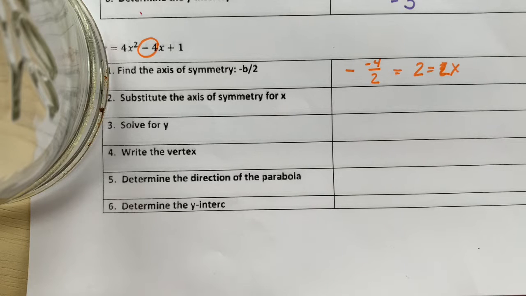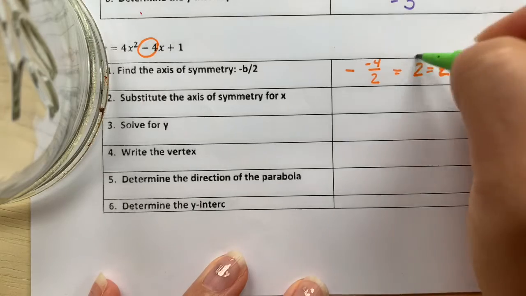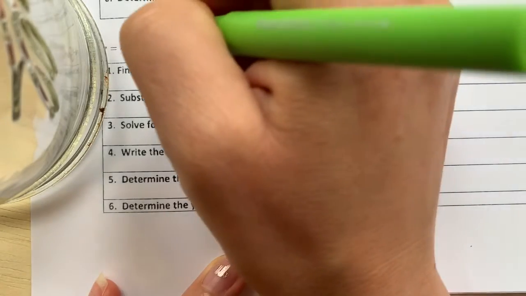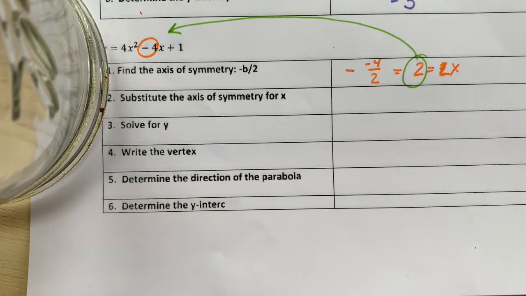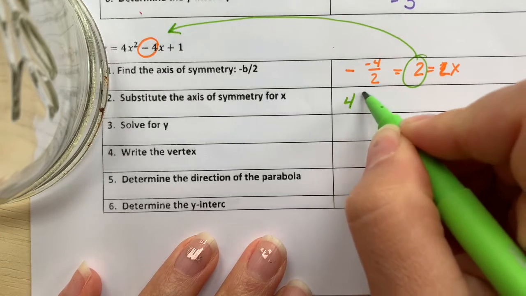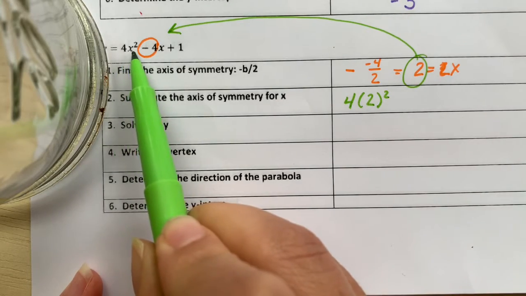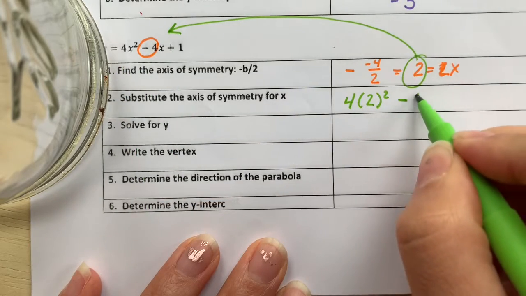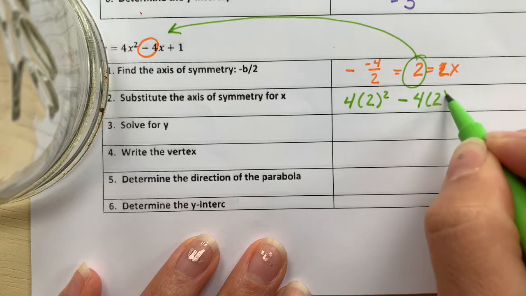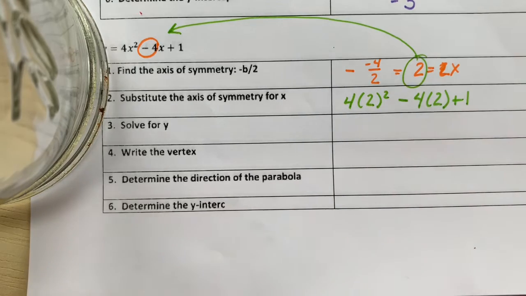So we're going to take that x value and we're going to substitute it in for all of the x's in our equation. So I'll have 4 times 2 squared, because it's 4 times x squared, minus 4 times 2 plus 1.